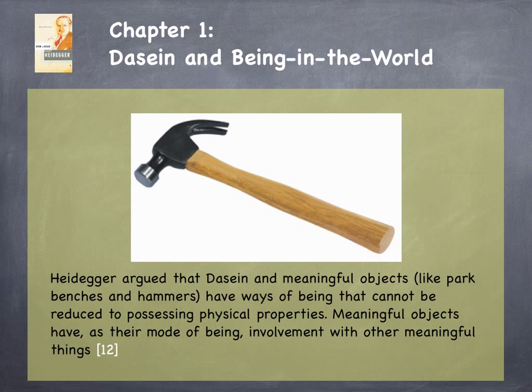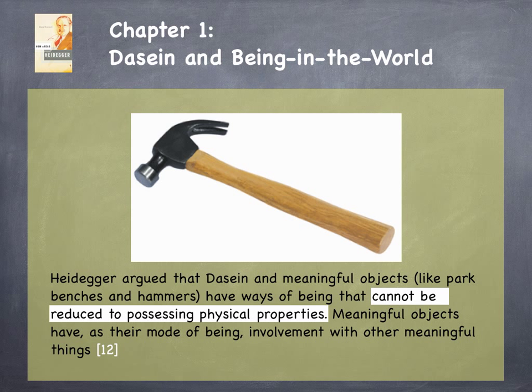Yet Heidegger says that a meaningful object like this cannot be reduced to possessing physical properties. He is certainly not denying that a hammer has physical properties, that's important. But it's just that its way of being cannot be reduced to these. If we're interested in the way a hammer exists, we mustn't assume that it's just a matter of physical properties.